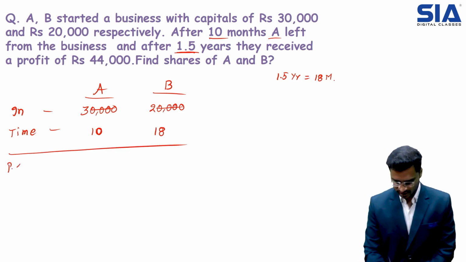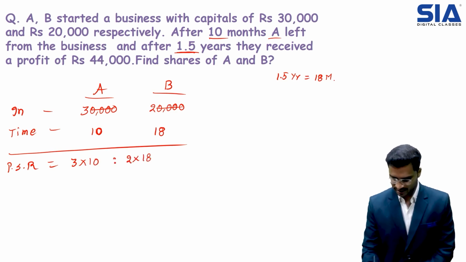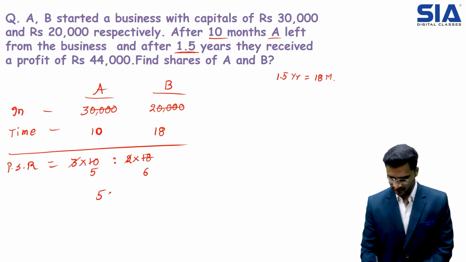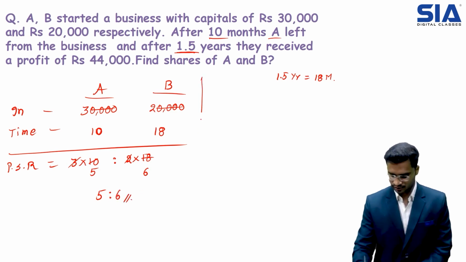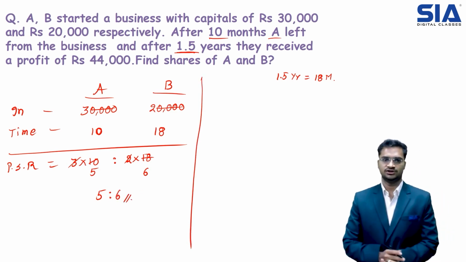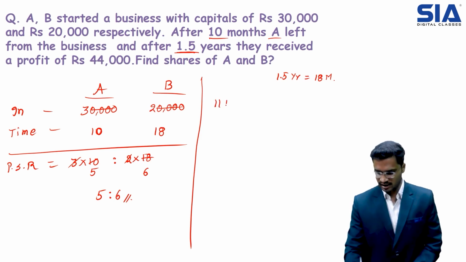So the profit sharing ratio is 3 multiplied by 10 : 2 multiplied by 18. Okay. Now 2 ones are 2, 5 twos are 10, 3 sixes are 18. So 5:6 is our profit sharing ratio. The total is 11 ratios.